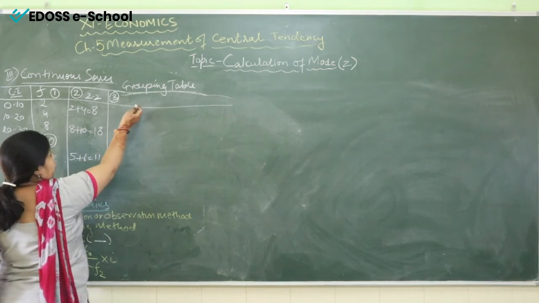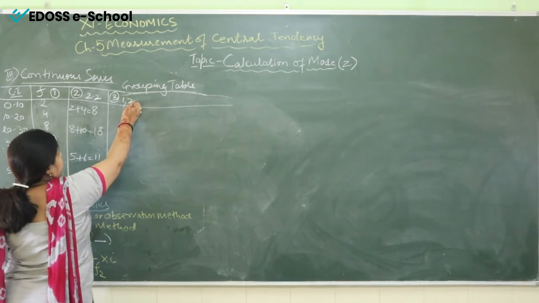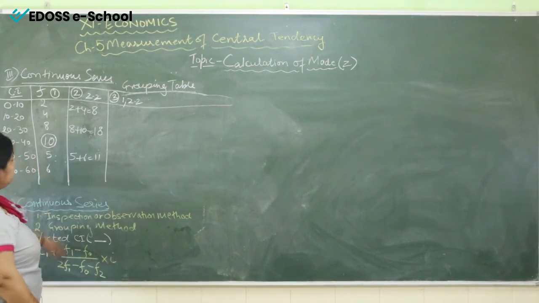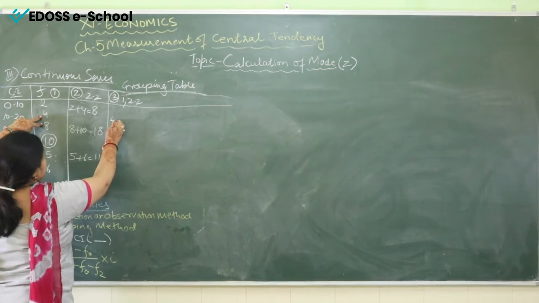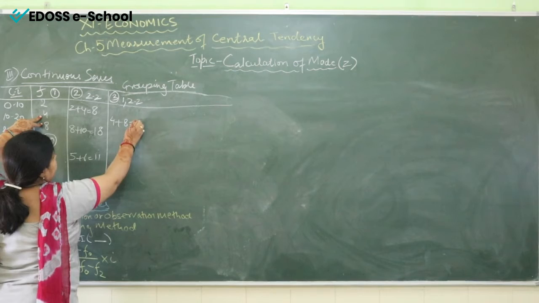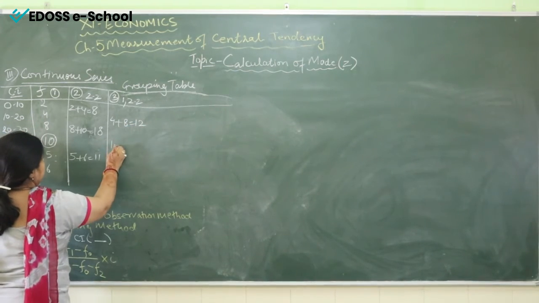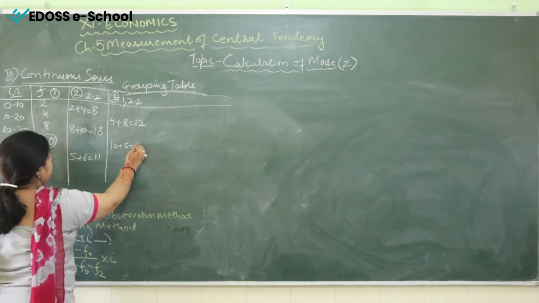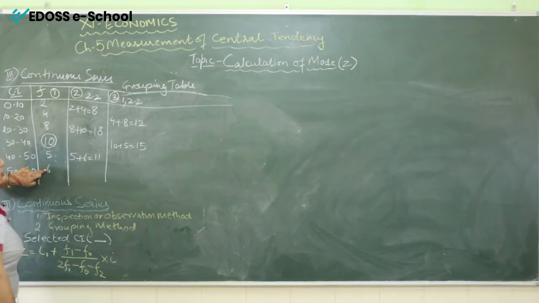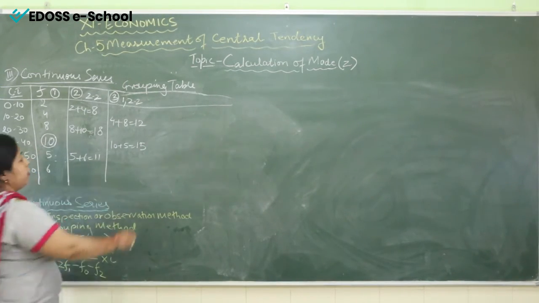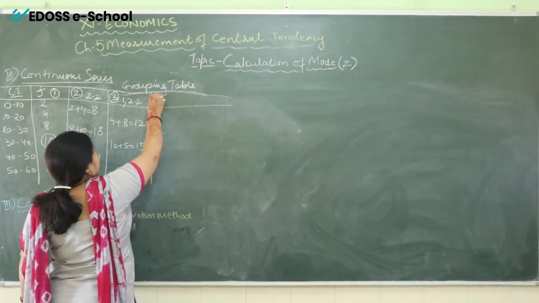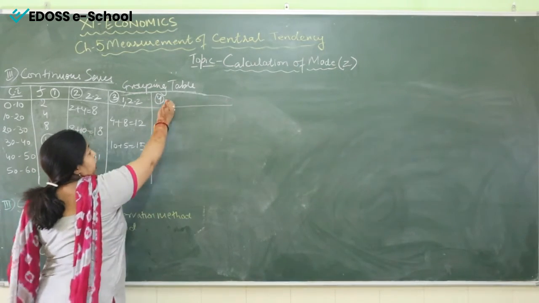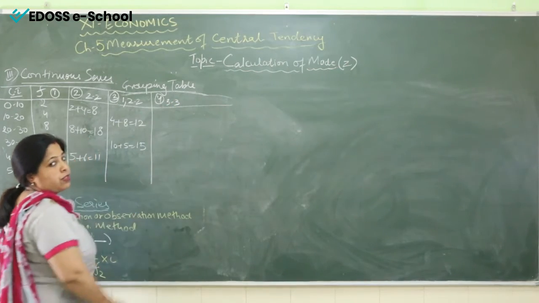In the third column, what do we do? We leave one number and make groups of two numbers. We are leaving this 2 and adding the other numbers: 4 plus 8 is equal to 12, 10 plus 5 is equal to 15, and 6 is left, it will remain like that. Coming to the fourth column, we add three numbers.